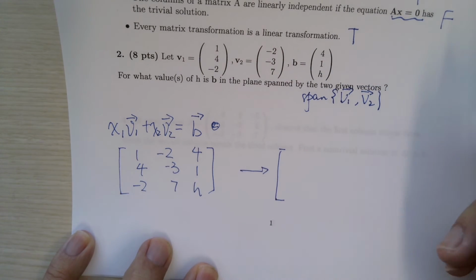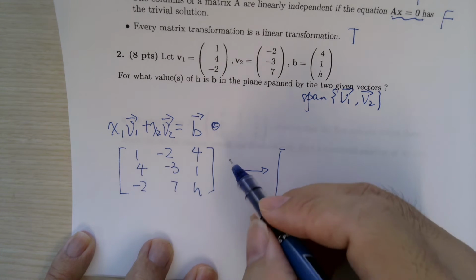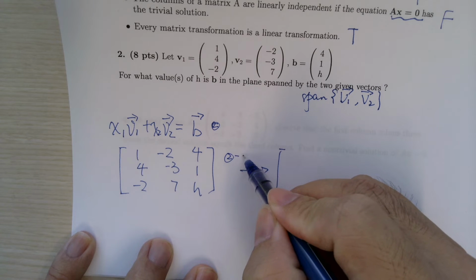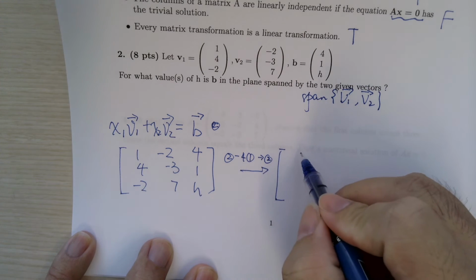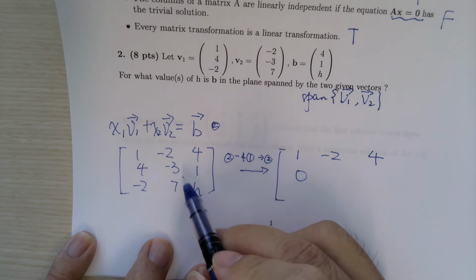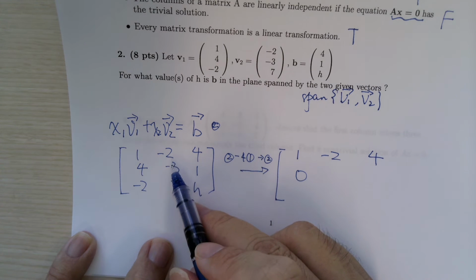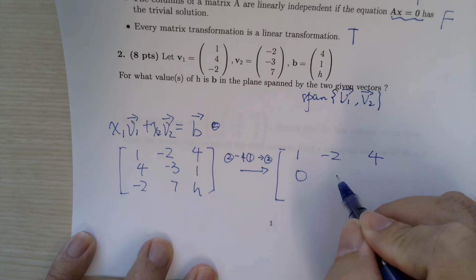So we use row 2 minus 4 times row 1 as the new row 2. So it's 1, negative 2, 4, and then 0. This is negative 8, right? So minus 3 minus negative 8 becomes minus 3 plus 8, which gives us 5.